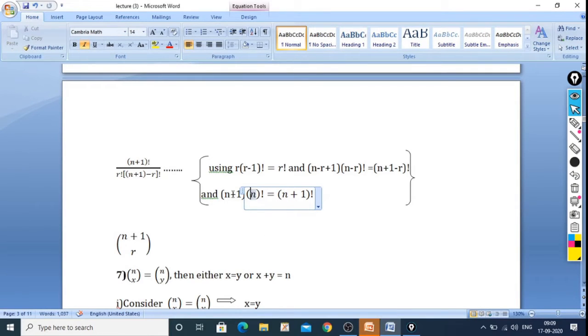So this n plus 1 into n factorial is n plus 1 factorial. So now we have got n plus 1 factorial upon r factorial into n plus 1 minus r factorial. So this is the formula for combination.